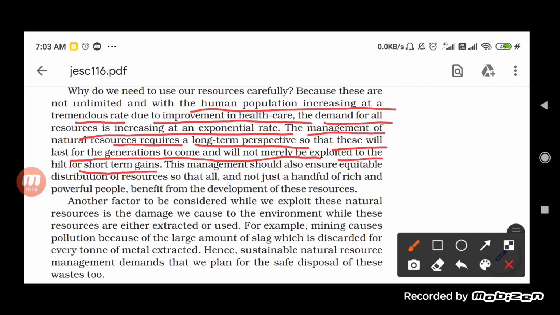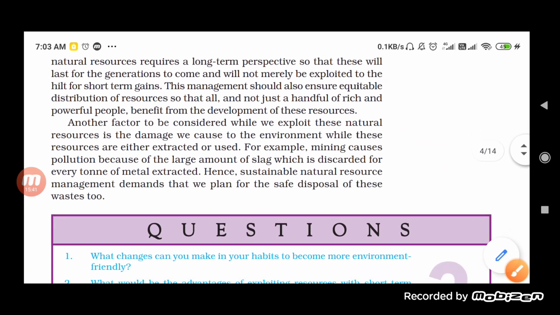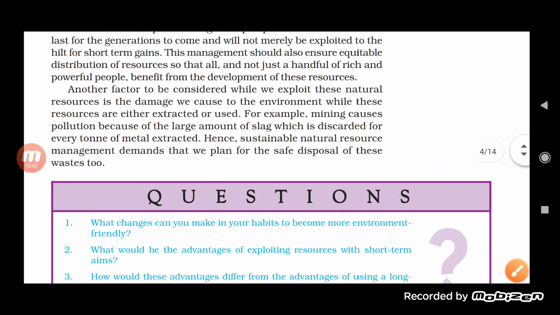Then the other factor, students, is that proper management of natural resources is really important for the equitable distribution of natural resources, so that all the people can benefit from the development of these resources.